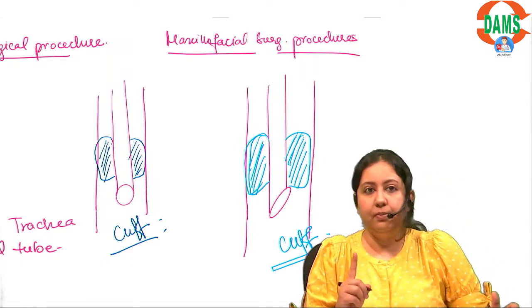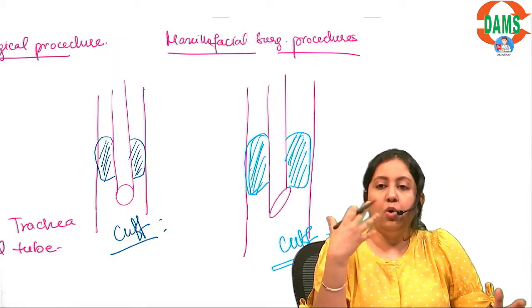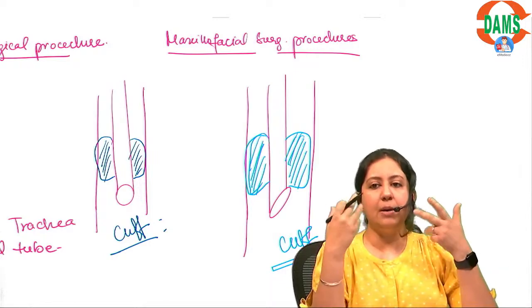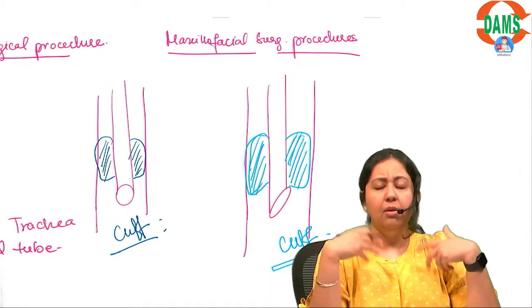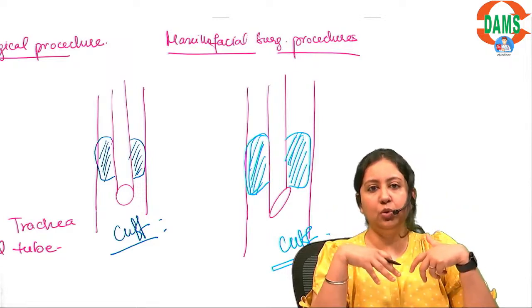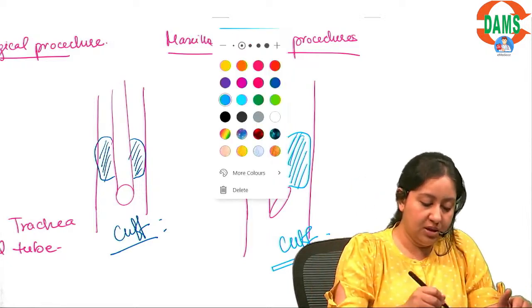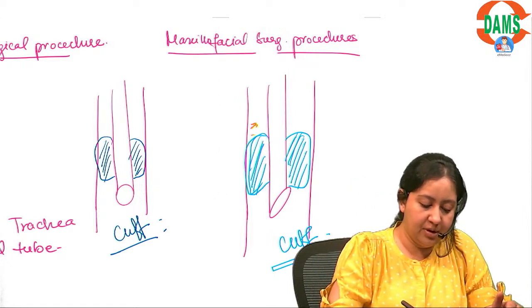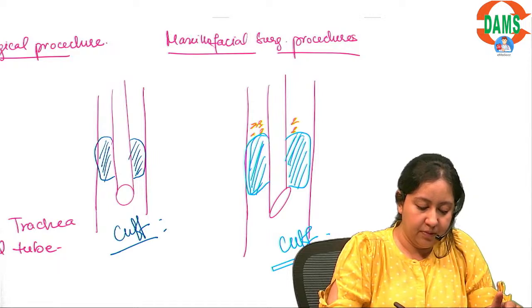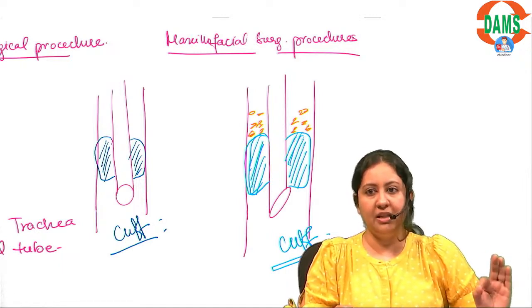Since you are operating in this orofacial region, some blood, some saline irrigation, maybe bone chips, maybe debris will go down the throat. This blood and debris is stopped by this cuff.